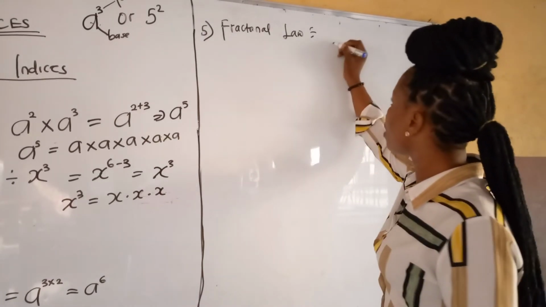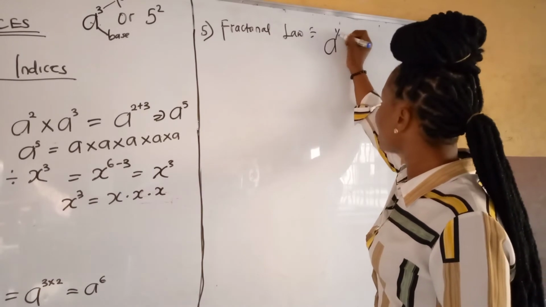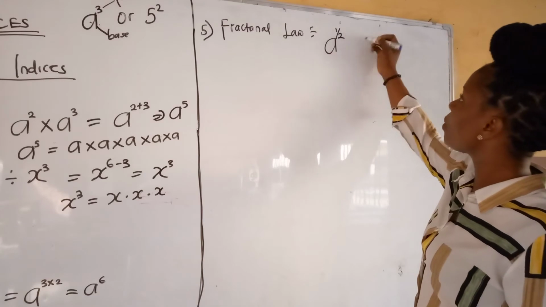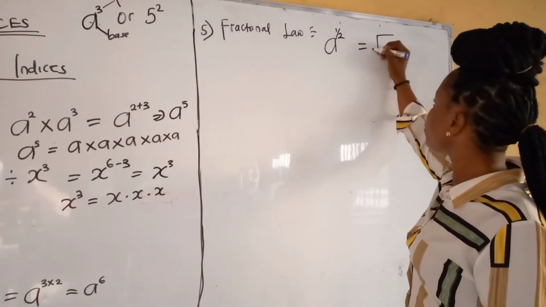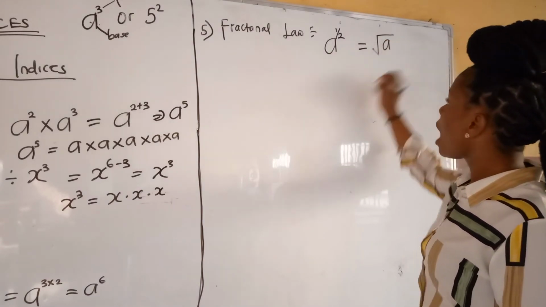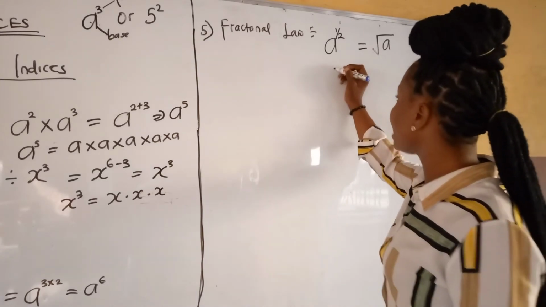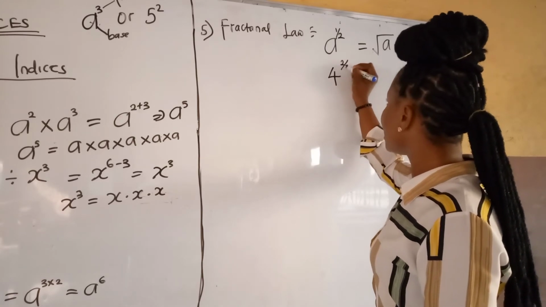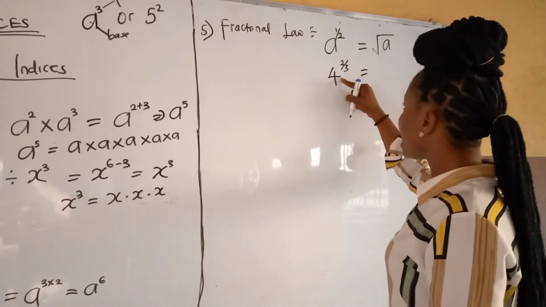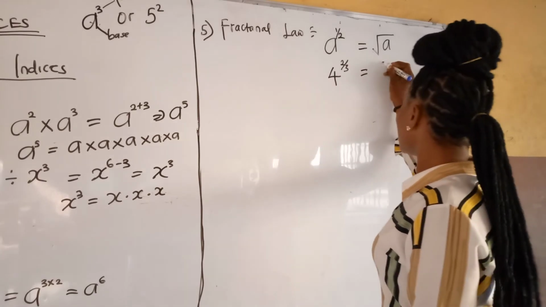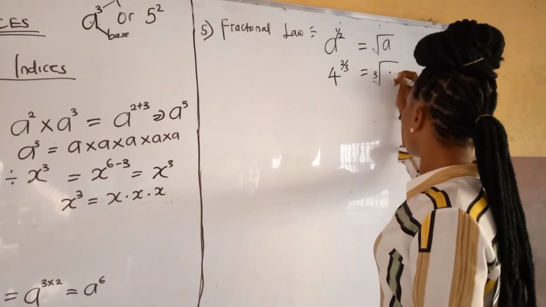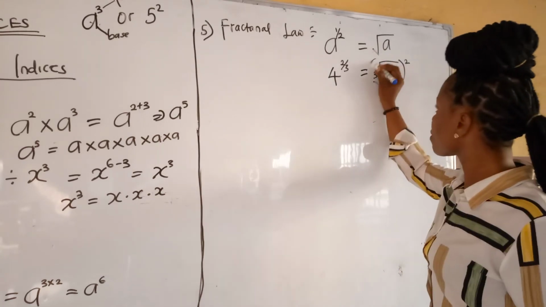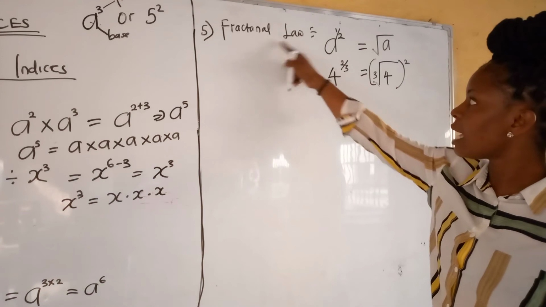It says if you have any base expressed as a fraction, then you can rewrite it as the square root of a. If you have any alphabet or any number like 4 raised to the power of 2/3, you can express this as the cube root of 4 squared. You can express it in this form. And this is the power. This is what the fractional law is saying.